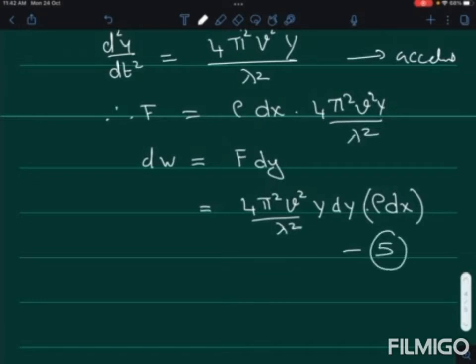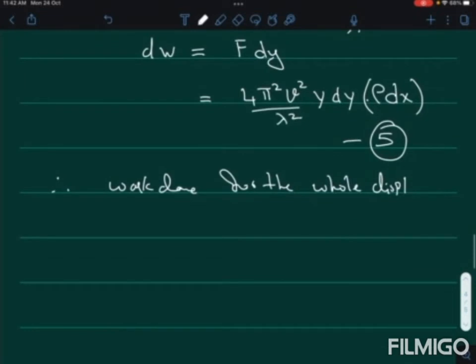I'll give this as equation number 5. Therefore, work done for the whole displacement y is equal to, we have to just integrate it.